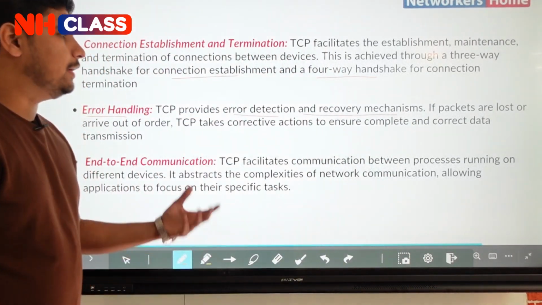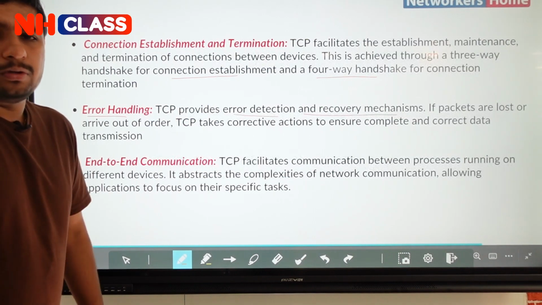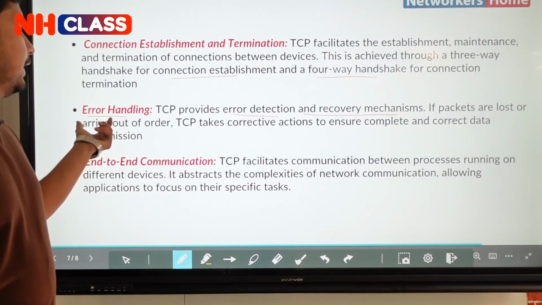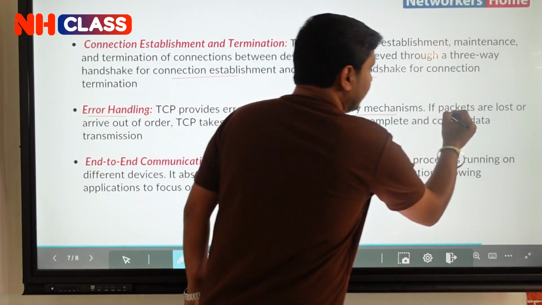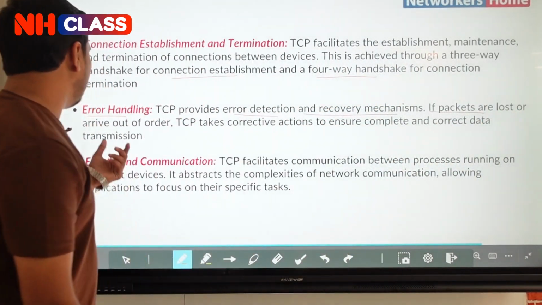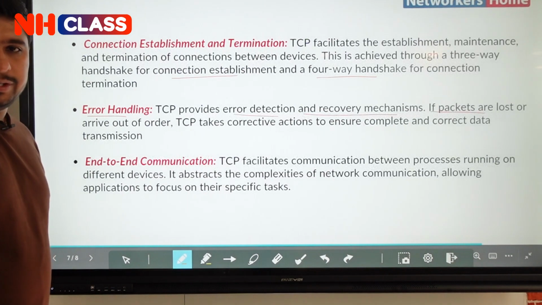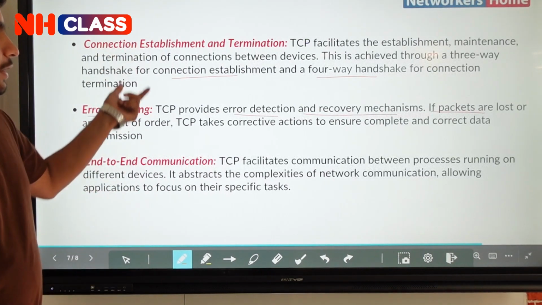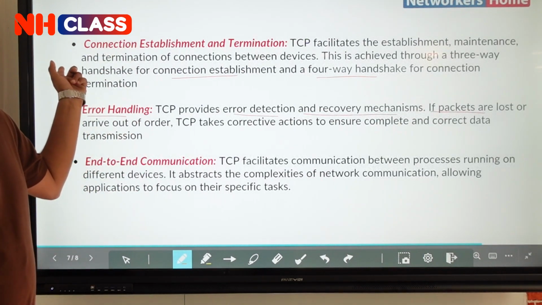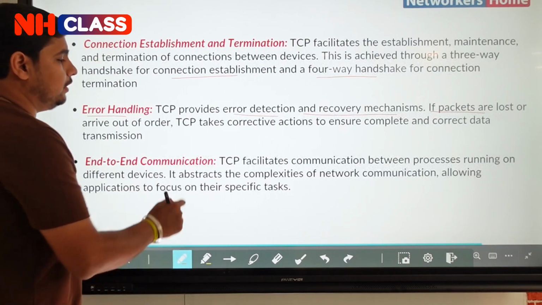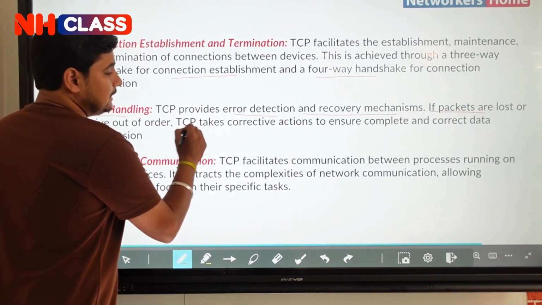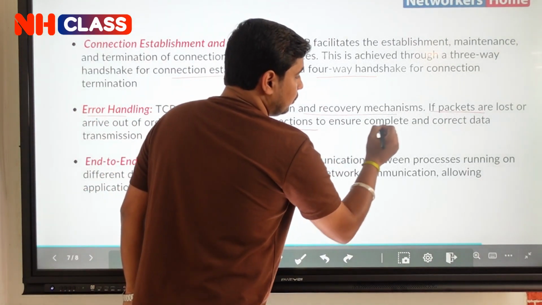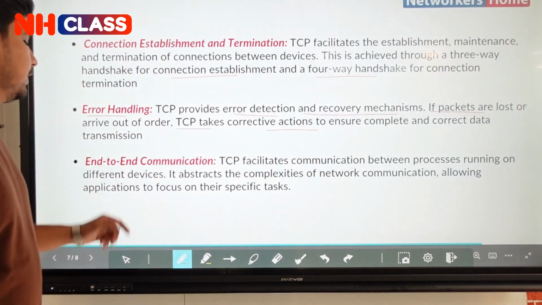Even if I talk about any other protocol, they are not providing any kind of error handling concept, but TCP does. If packets are lost or arrive out of order, as we have seen in the objectives, TCP takes corrective action to ensure correct data transmission.